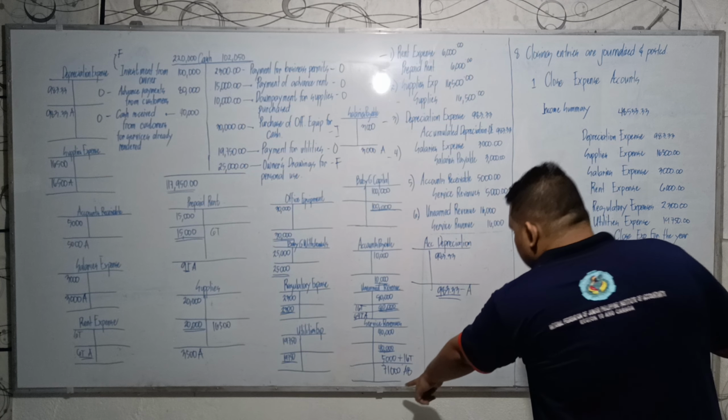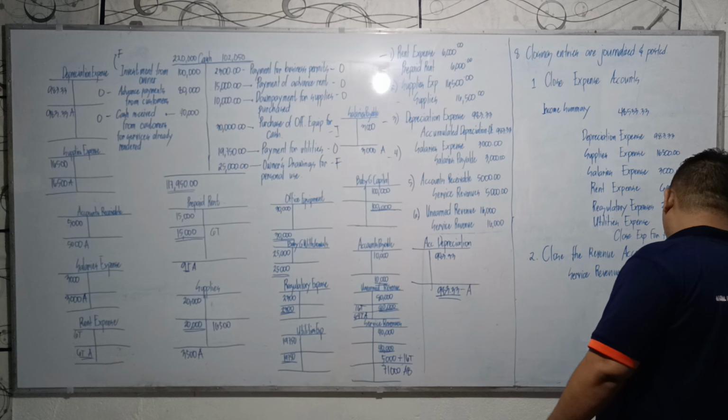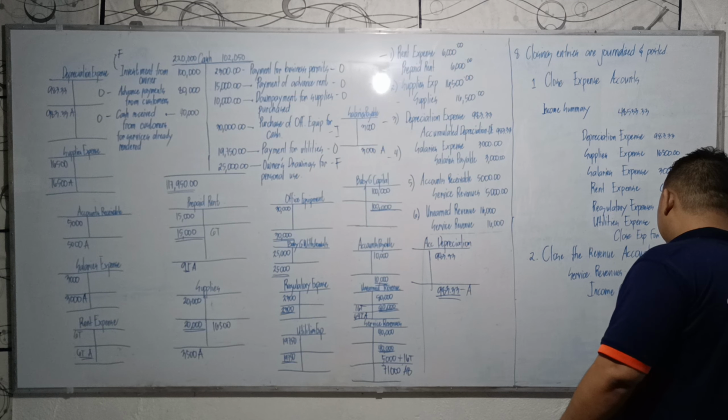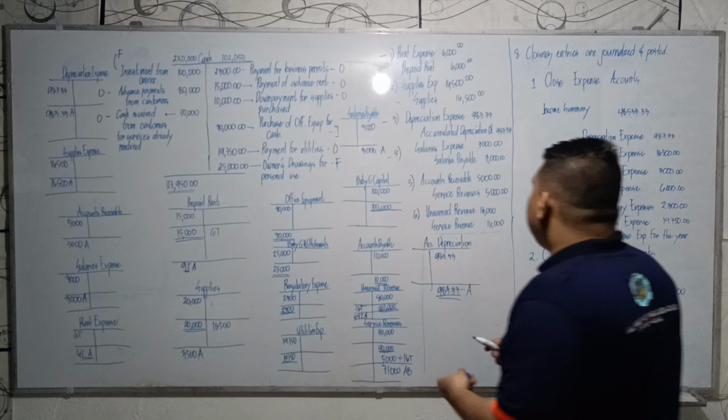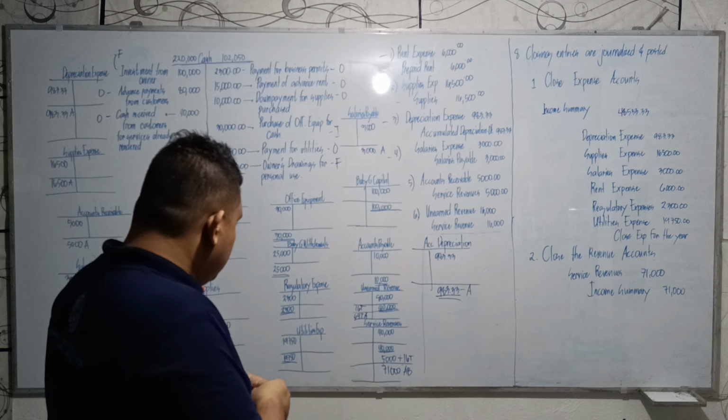This is it, 71,000. So we have to debit the 71,000, and then we credit the income summary 71,000. I think that's step 2 already.